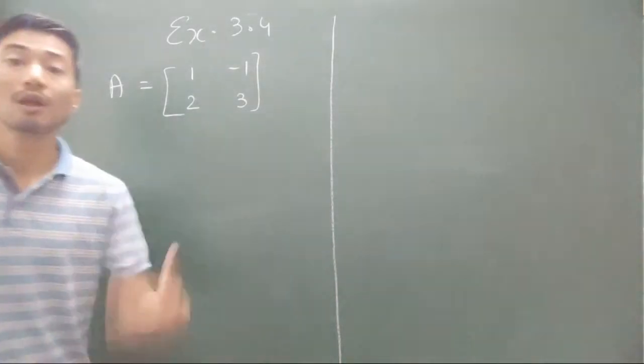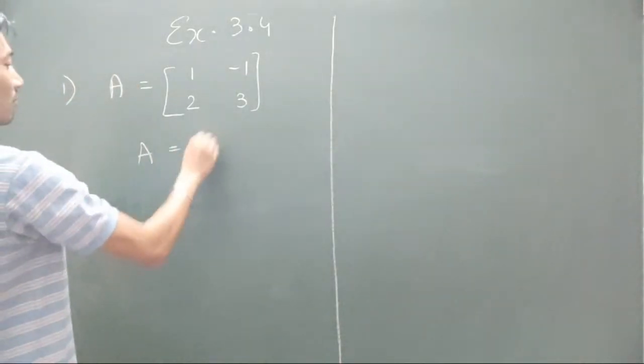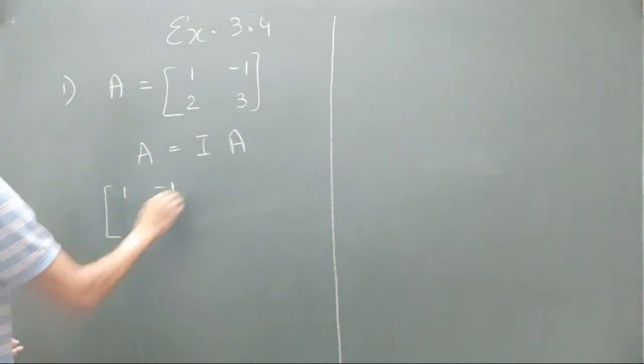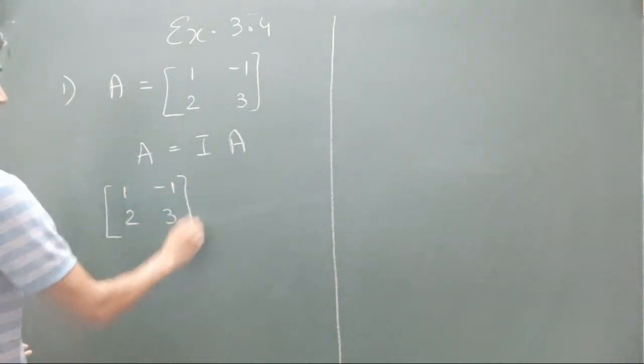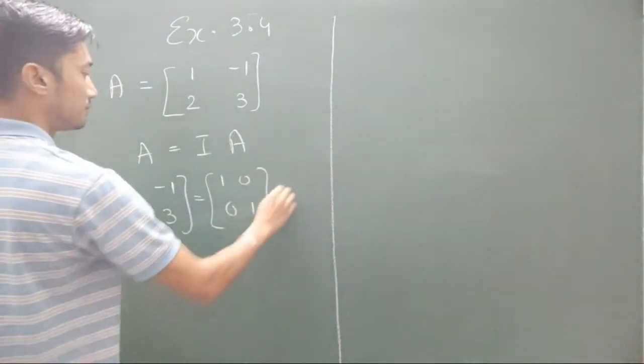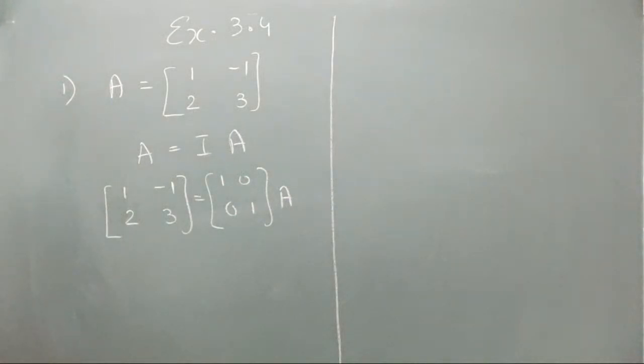Chalo. What are we supposed to do? First step: write it properly in terms of rows and columns, okay?